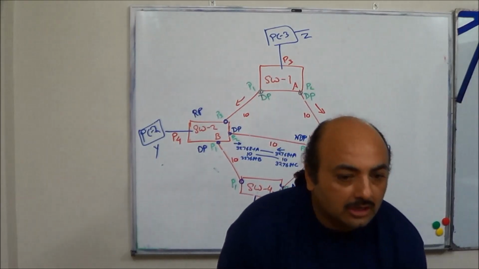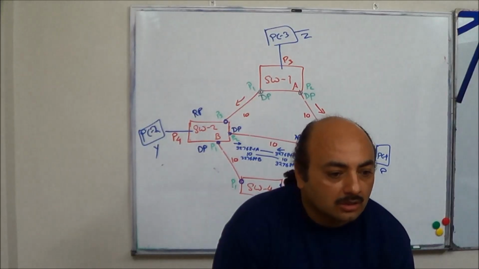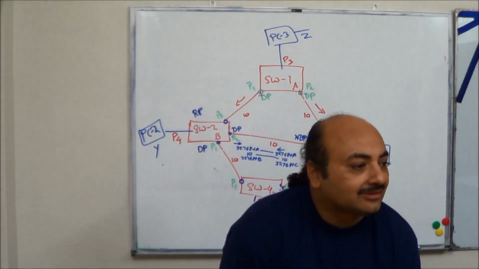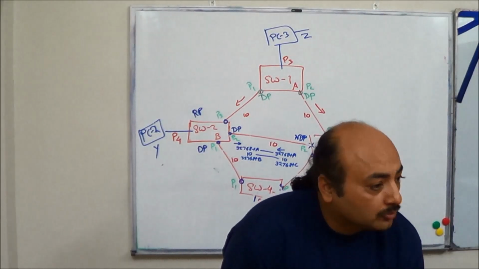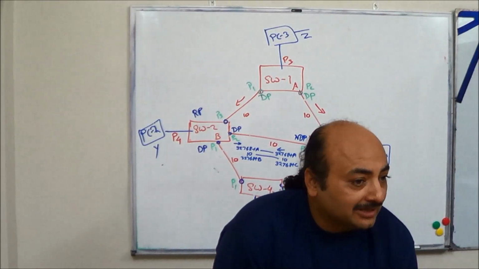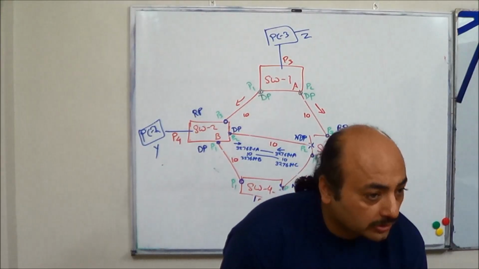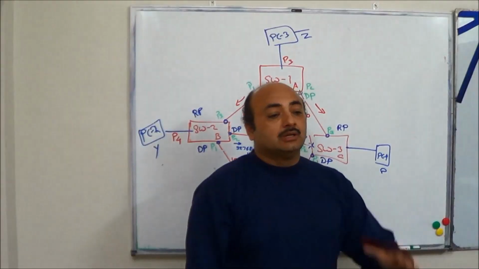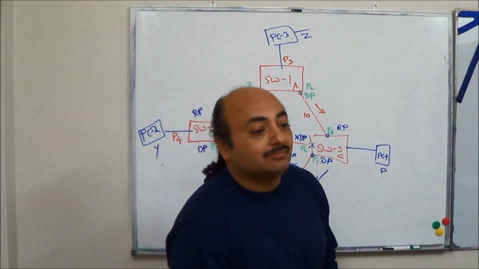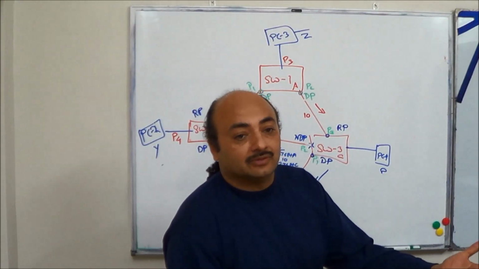The term we use is that spanning tree has converged. Converged means the loop has been broken. When the loop has been broken, that means spanning tree has converged. You can say it either way.